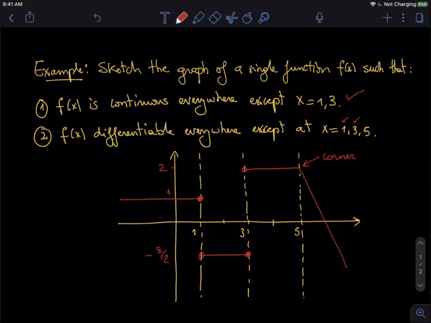And emphasize here that there is a corner there. So there is a change in the slope, okay? It goes from constant slope to a negative slope. On the left, the slope is 0, okay? And then on the right, it's negative. So it changes abruptly. So it's not differentiable because the limit from both sides is not the same.